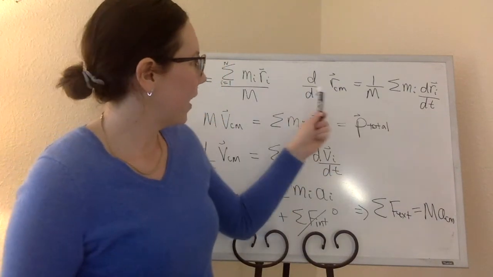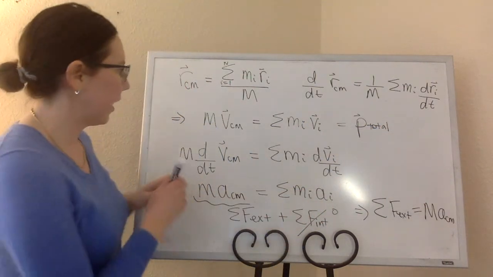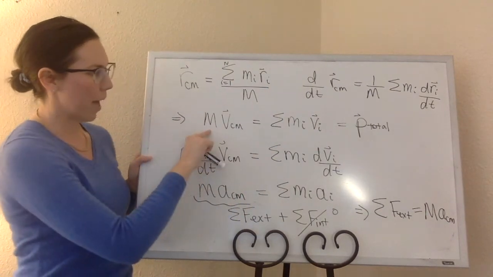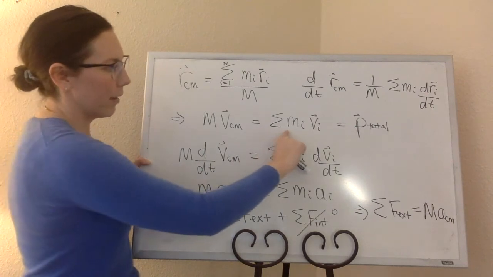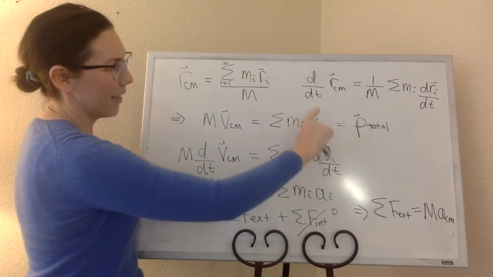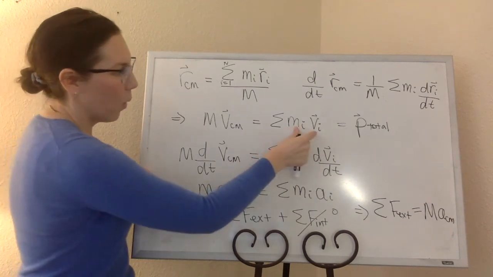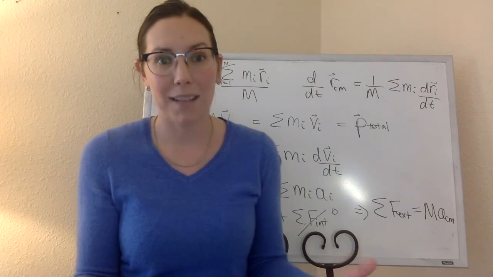And so then these, dr by dt, are velocities. So what we get is the total mass, I'm multiplying that over here, the total mass times the velocity of the center of mass equals the sum of all the individual masses times their individual velocities. And this quantity, mass times velocity, you should remember from the last section, that's momentum.